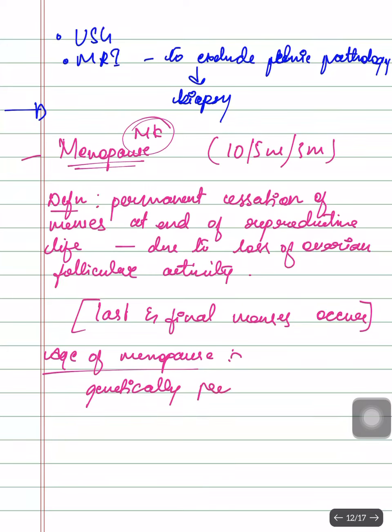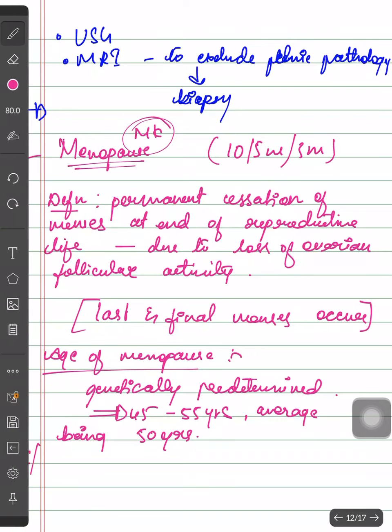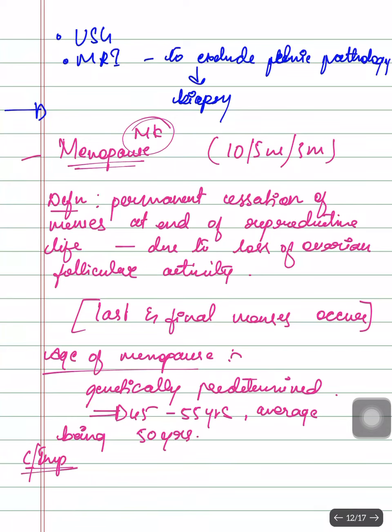It is also not related to number of pregnancies, lactations, use of oral pills, socio-economic condition, race, height, or weight. Thinner women usually have early menopause. However, cigarette smoking and severe malnutrition may cause early menopause. The age ranges from 45 to 55 years, and the average is 50 years. So this is the age of menopause.